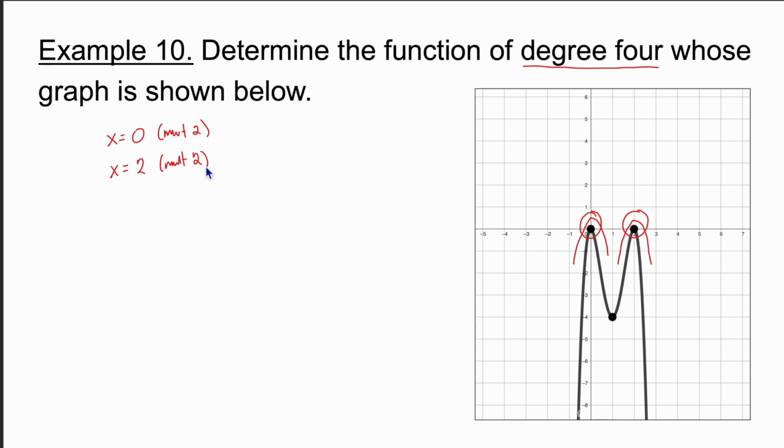Bakit 2? Bakit hindi 4? Kasi yung degree niya 4 lang eh. Diba? So, dalawang 0 at dalawang 2. Hindi naman pwedeng walang 0 tapos 4 na 2. Kasi nga, 0 at 2 yung kanyang zeros.